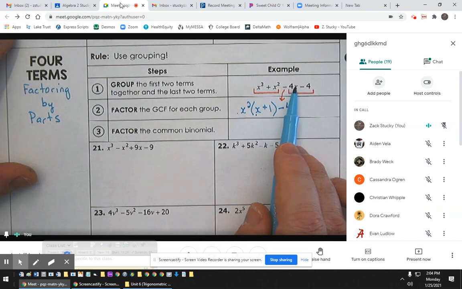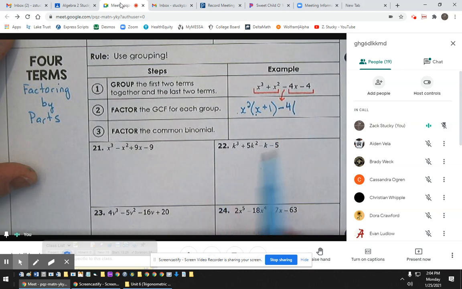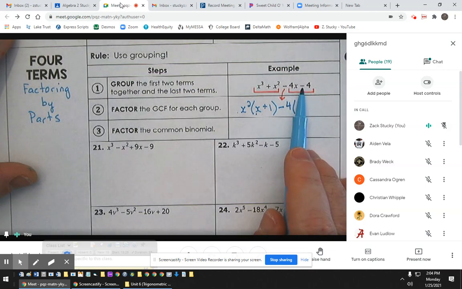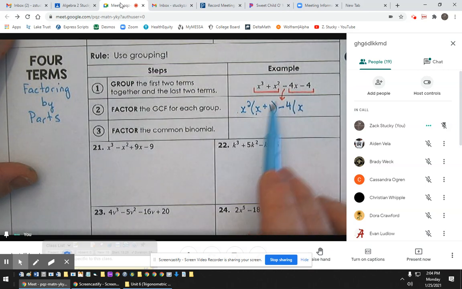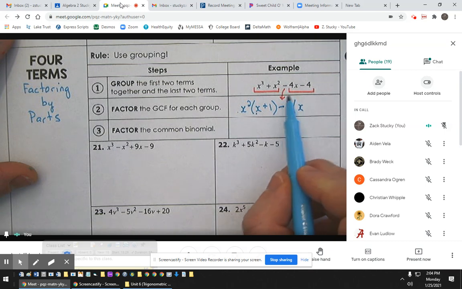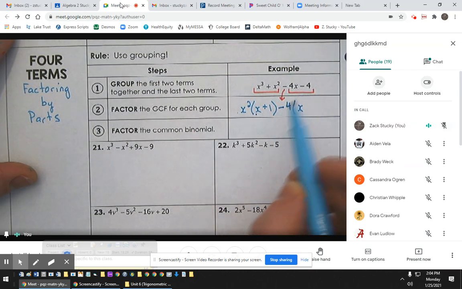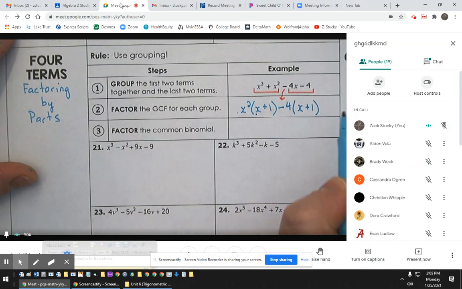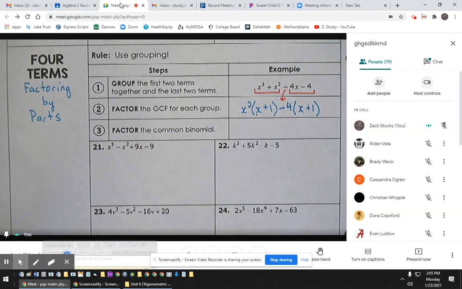So let's go back up here. We divided out a -4 out of -4x. So what's left behind? X. +1. We had a -4 and we took out a -4. We had a -4. We divided out a -4. So that left behind a +1. So this is the first check to see if you're doing this right.